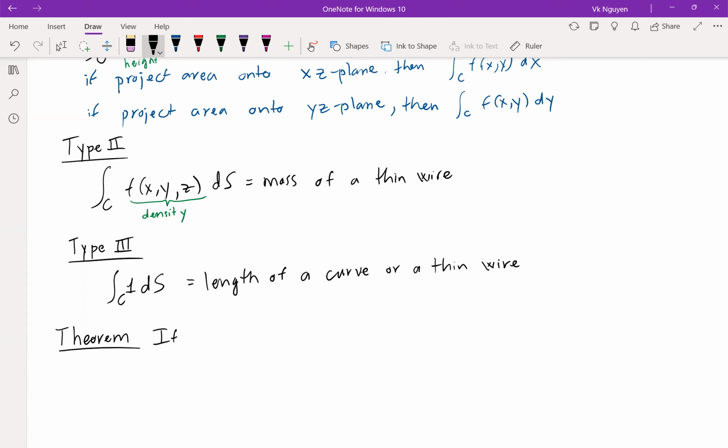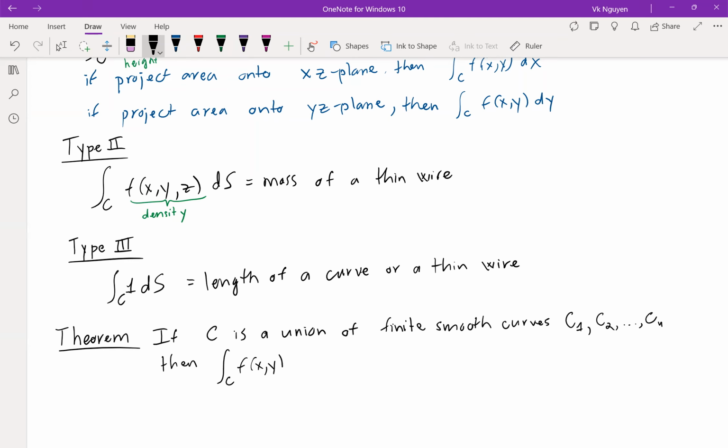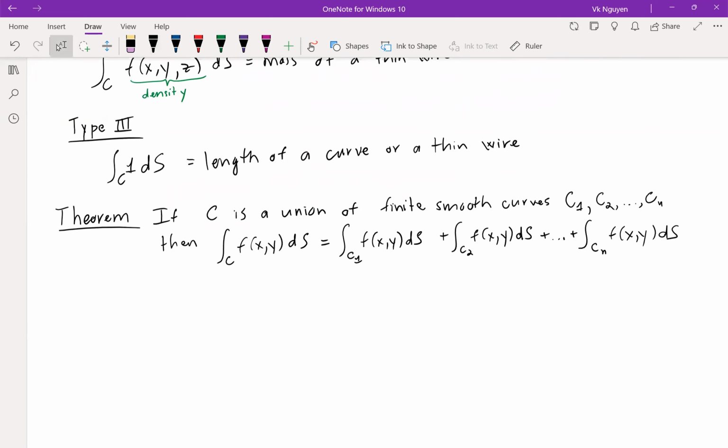So if C is a union of finitely many smooth curves C1, C2, up to Cn, then the integral over C of f(x,y) ds is equal to the integral over C1 of f(x,y) ds plus the integral over C2 of f(x,y) ds, plus and so on, plus the integral over Cn of f(x,y) ds. We need this theorem to do the example.